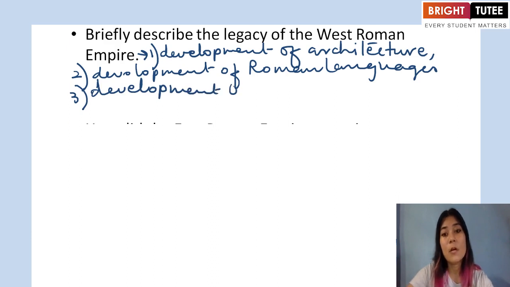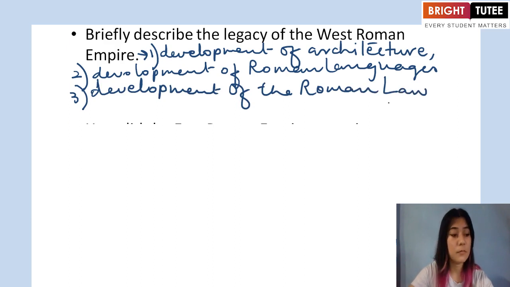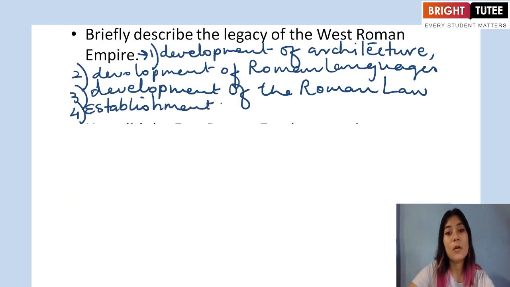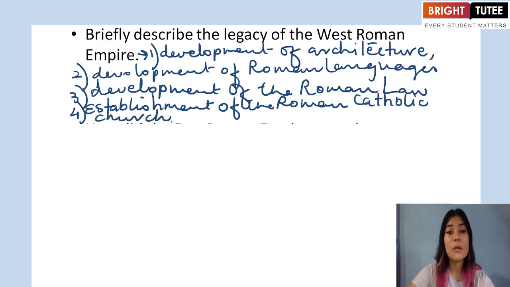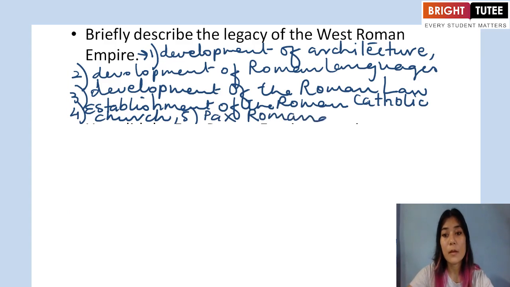Development of the Roman law. Number 4. Establishment of the Roman Catholic Church. And number 5 is the introduction of Pax Romana. Alright?